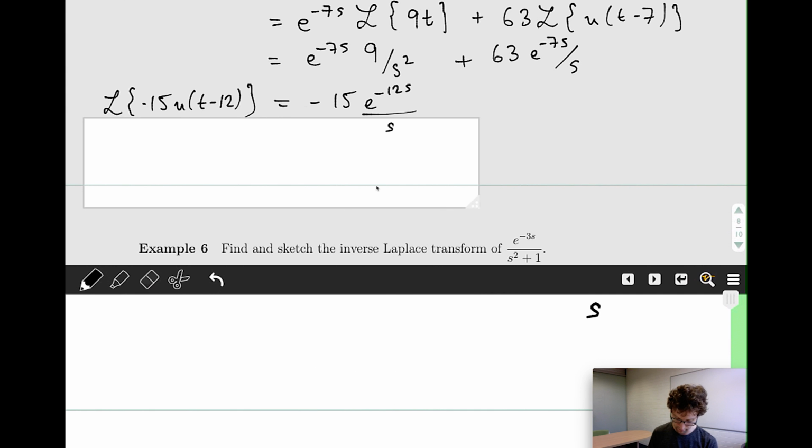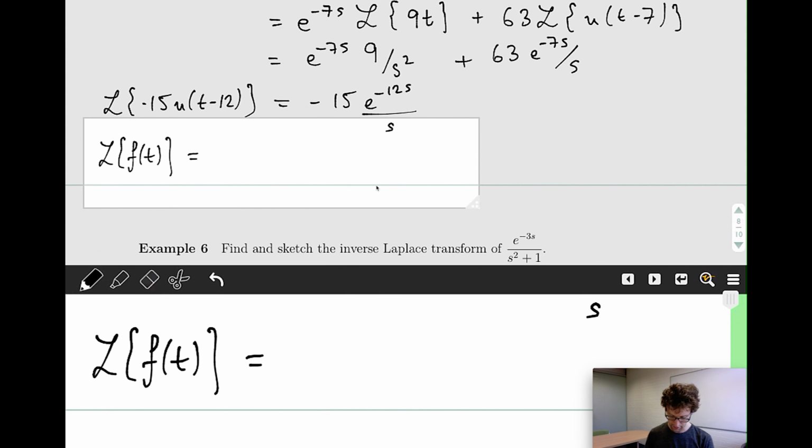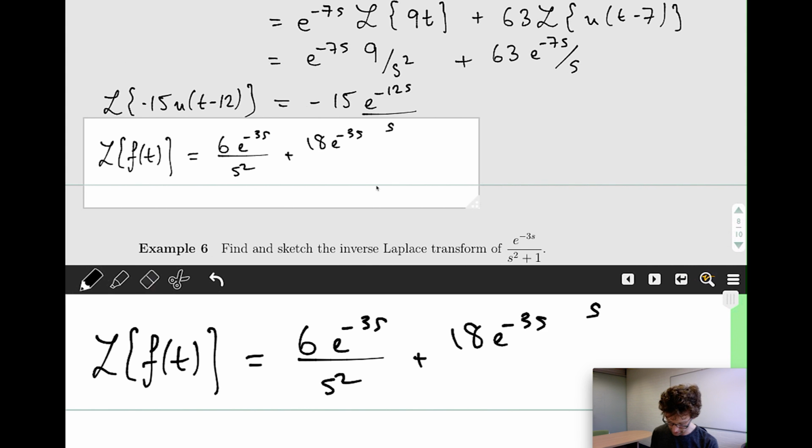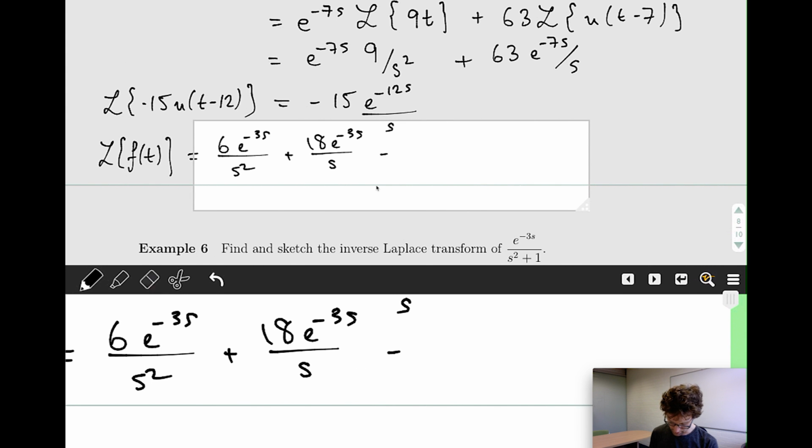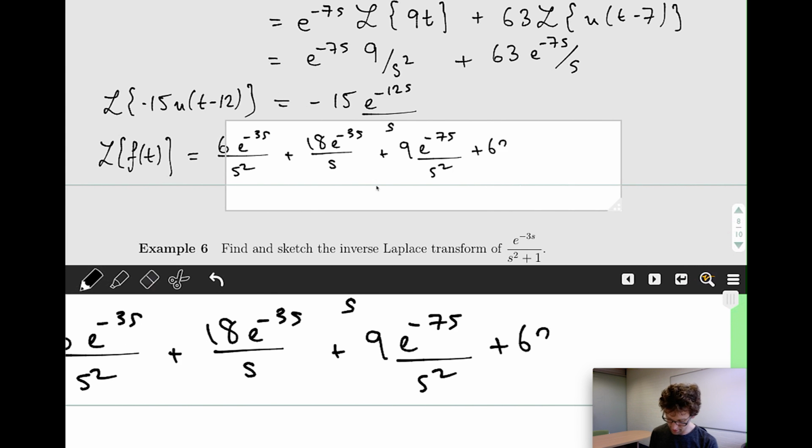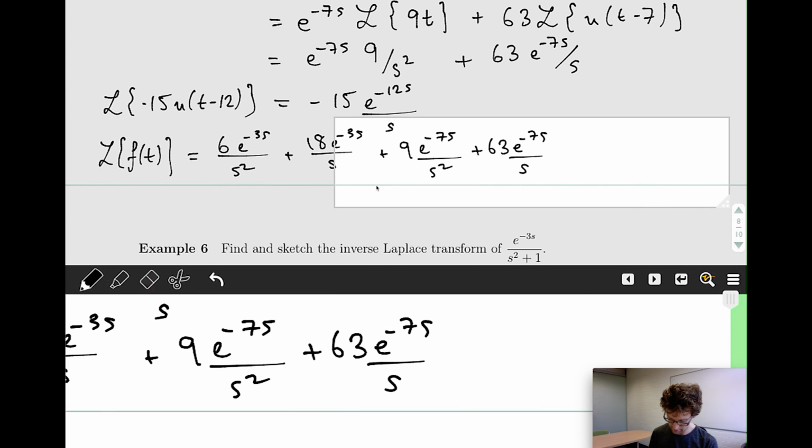So the Laplace transform of our full function f of t, putting all these pieces together, is going to be 6 e to the minus 3s over s squared plus 18 e to the minus 3s over s, plus 9 e to the minus 7s over s squared plus 63 e to the minus 7s over s, plus minus 15 e to the minus 12s all over s.